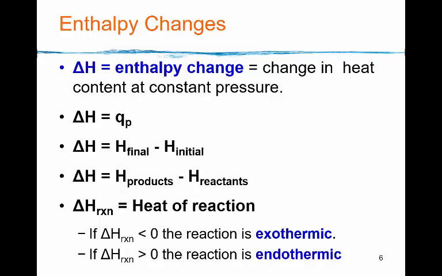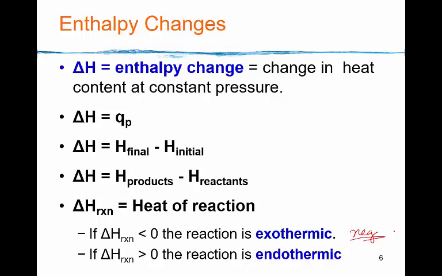The change in enthalpy for a reaction we call the heat of the reaction. And if the heat of the reaction is less than zero, that is, it's negative, then it is exothermic. So if it's negative, it's going to be exothermic, less than zero.